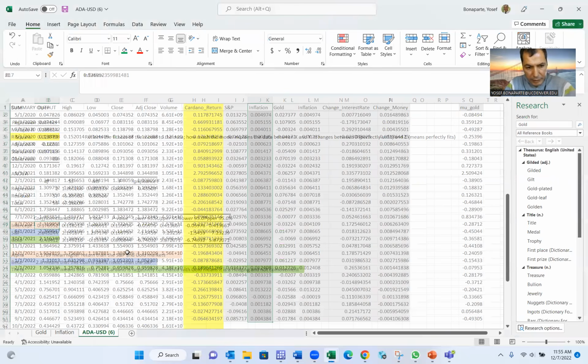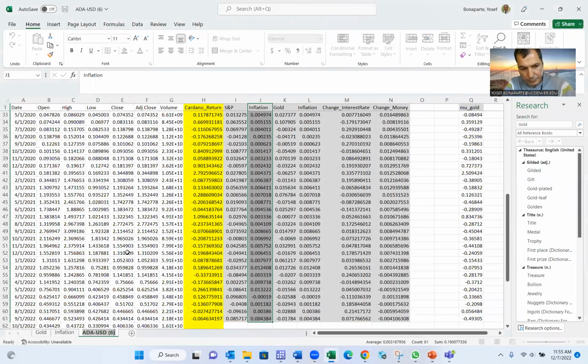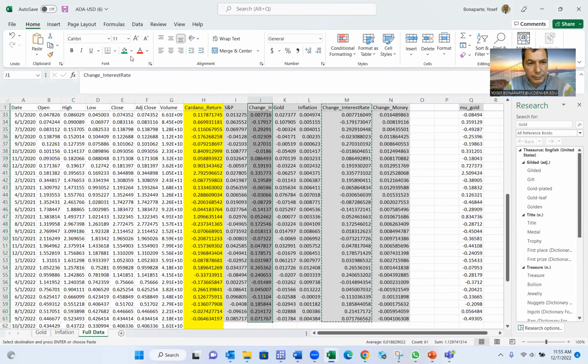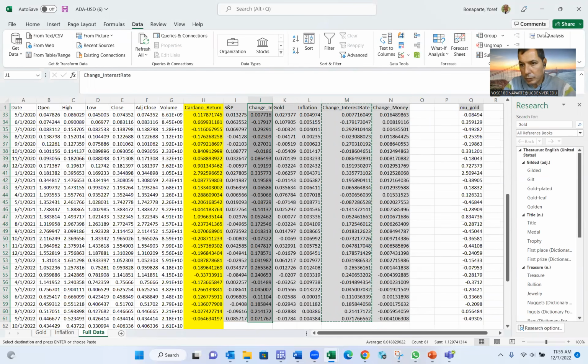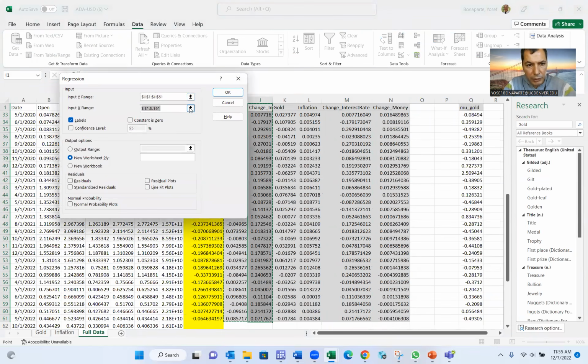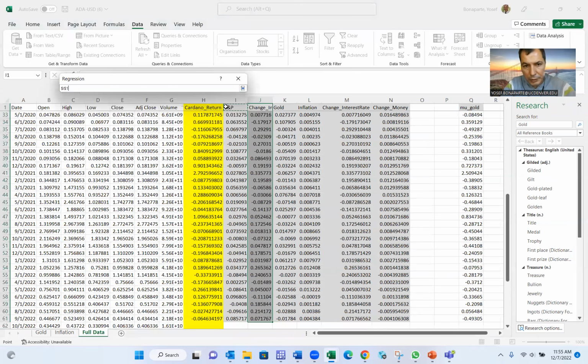And we can have the full data. So we're going to put a change in interest rate now instead of inflation, and we're going to do the same model, data regression. Okay, the same Y, the X is different, S&P.